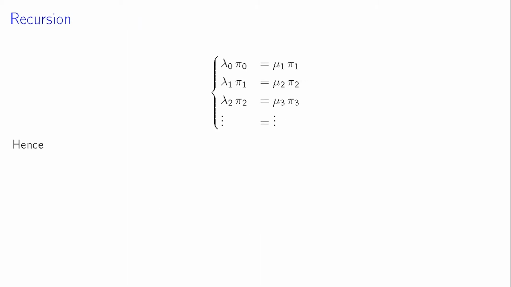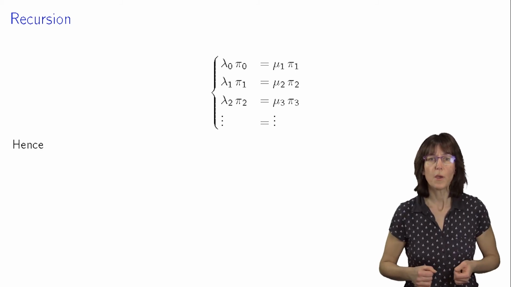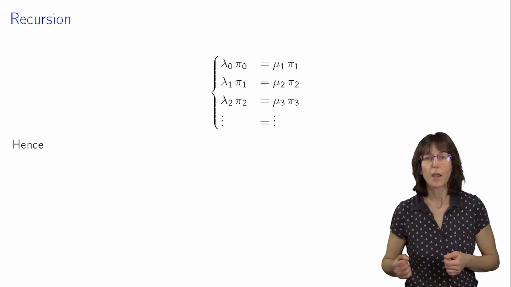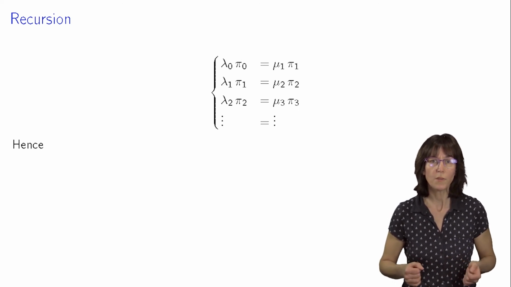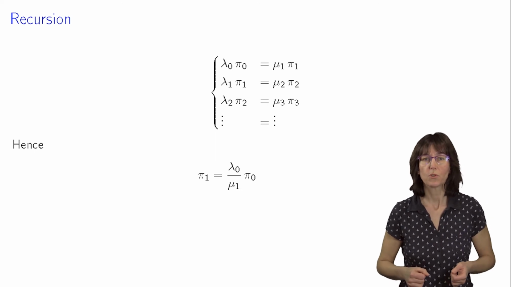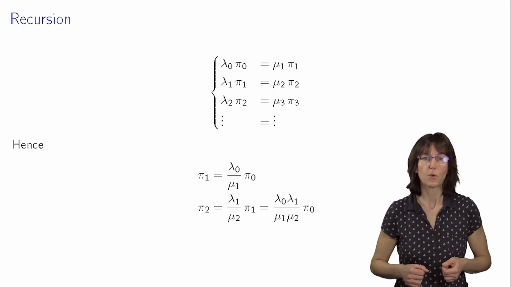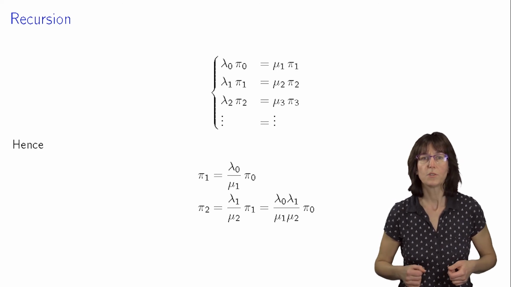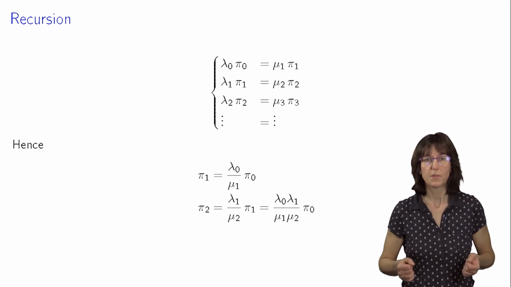Now we can solve the balance equations recursively. Rewrite the system by putting pi i and pi i+1 on the two sides of the equal sign. From line 1, we get pi 1 as a function of pi 0. From line 2, we get pi 2 as a function of pi 1, and then combining with the previous identity, we obtain pi 2 as a function of pi 0.